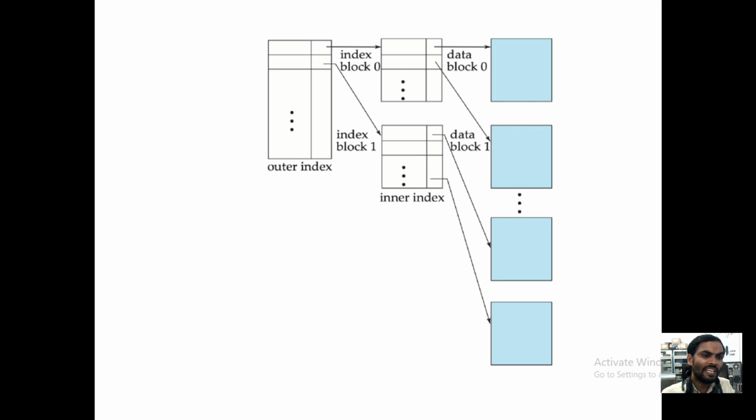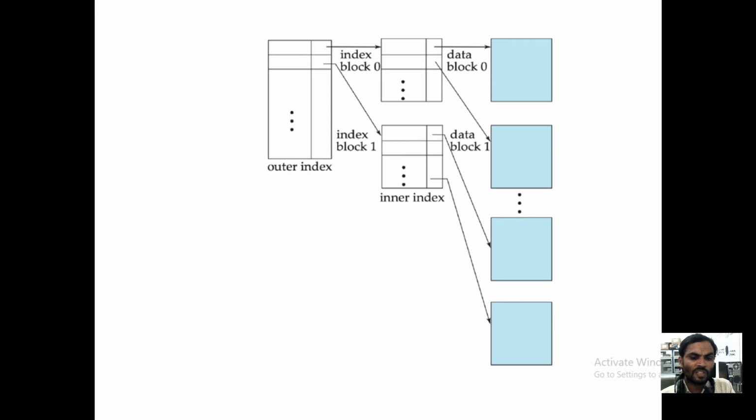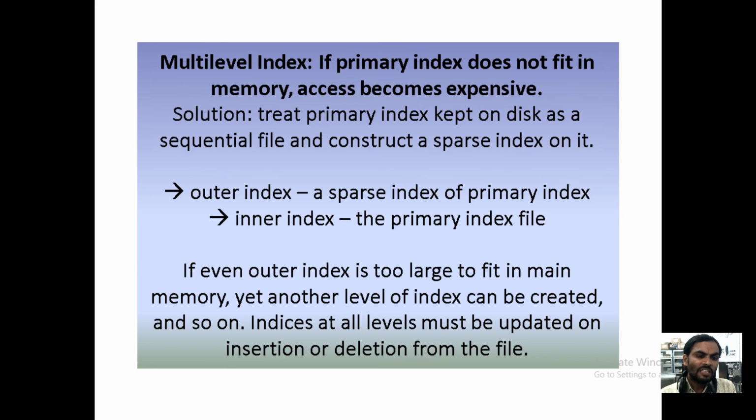Means if the outer index is too large, then we can create n number of outer indexes based on your search key value. The indices at all levels must be updated on insertion and deletion from the file.